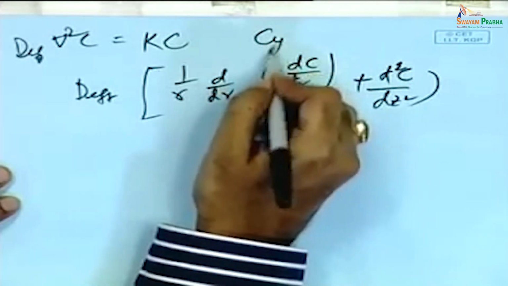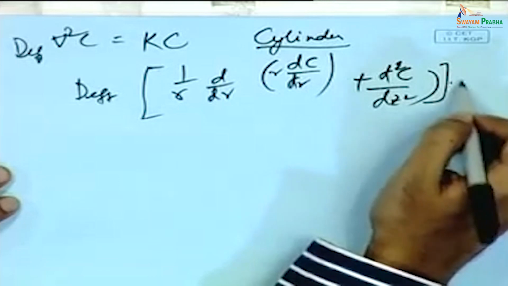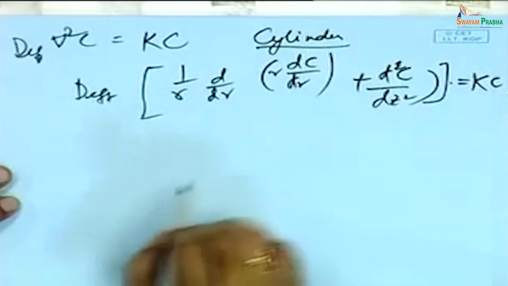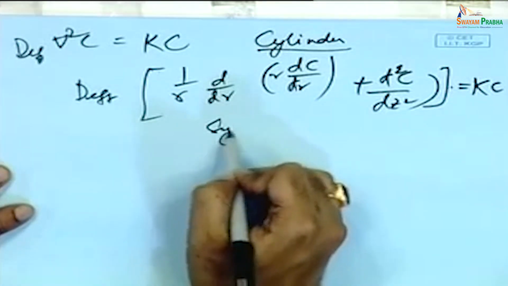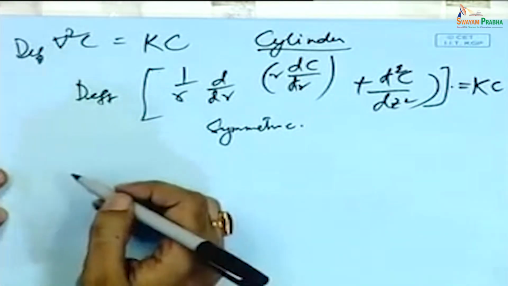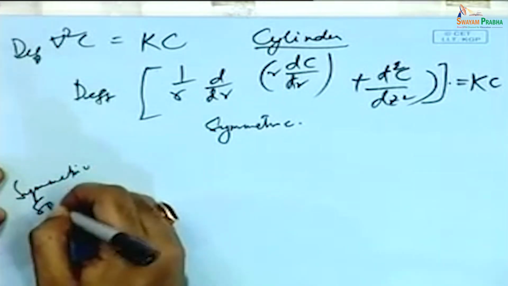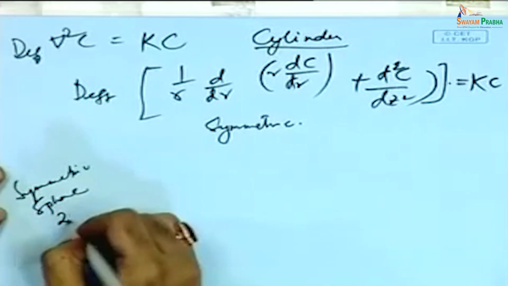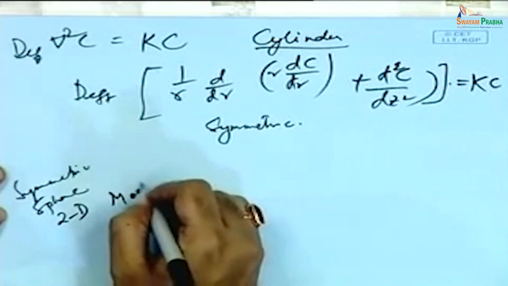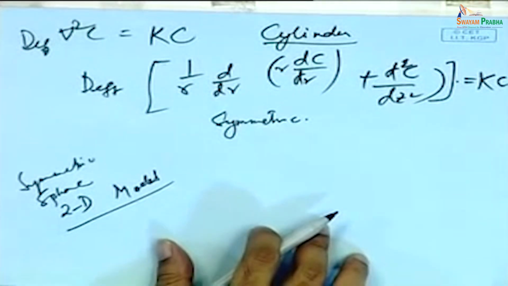This is for a symmetric cylinder. Now if I ask you for a symmetric sphere, can you write the 2D model? What would that be?